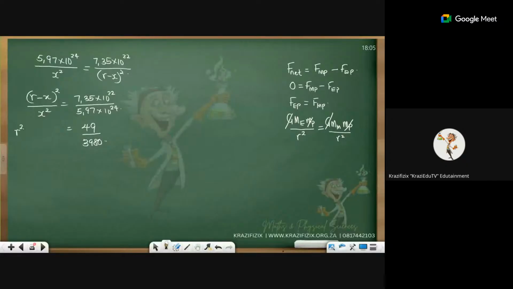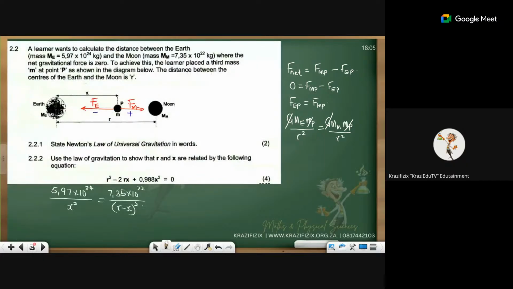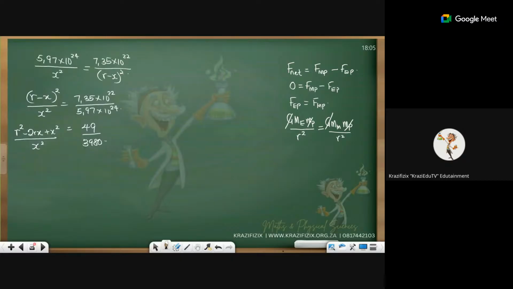Okay, so let's expand. R squared minus 2rx plus x squared. Is that fine? Okay, so we're going to have 49x squared there, right? Then you just bring it over. But give me this as a decimal, because I see they're getting a decimal there. 0.01, 0.012, but then you have to subtract the 1 to give you the 0.